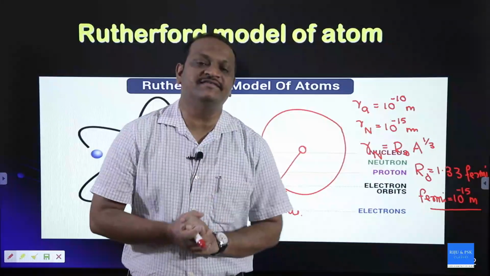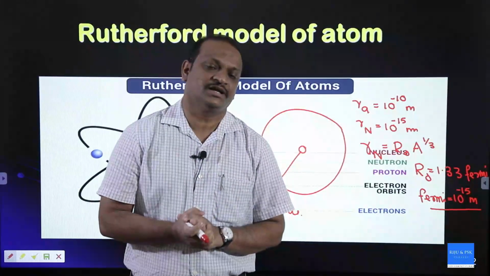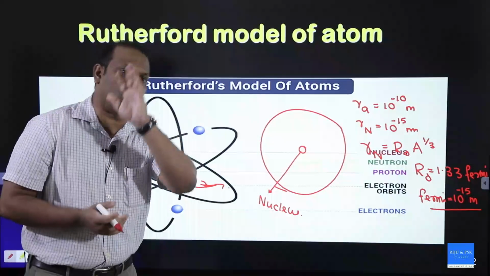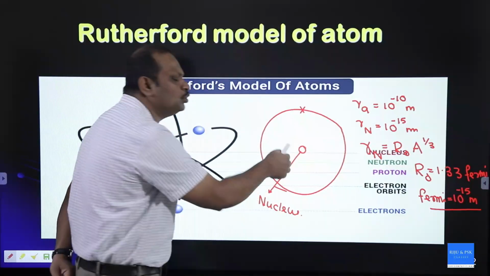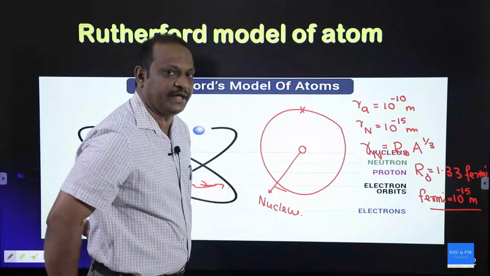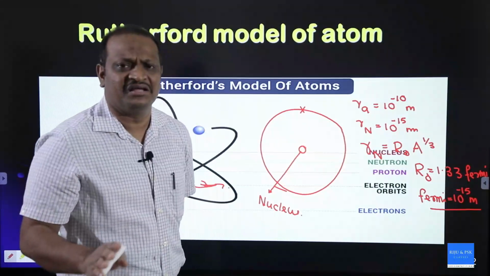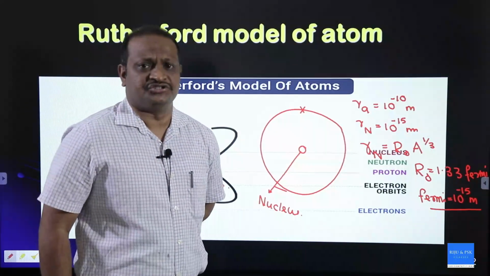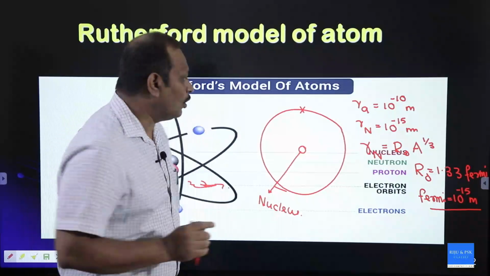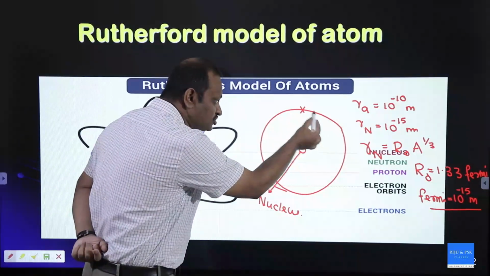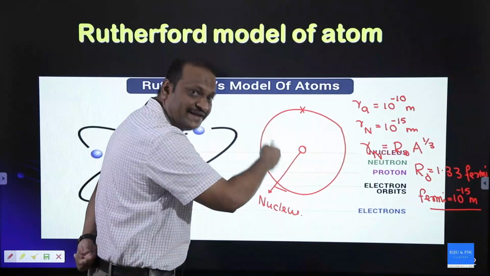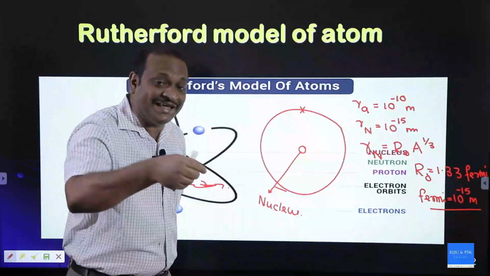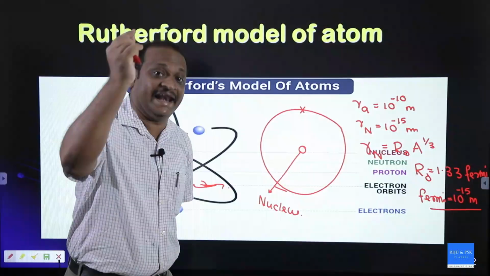Now let's see what is the drawback of this concept. What is the first drawback? If the electrons are revolving around the nucleus continuously, then obviously what will happen? They will lose energy. The electrons are revolving in this path, and if the electron revolves in this manner, continuously it is undergoing change in direction.